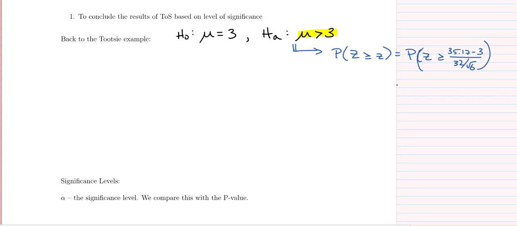And if you plug that into the calculator, that's P of z being greater than or equal to 2.46. So this is step 1, this is step 2, step 3 is to find the z-statistic, which we found here, and then step 4 is to find the p-value.